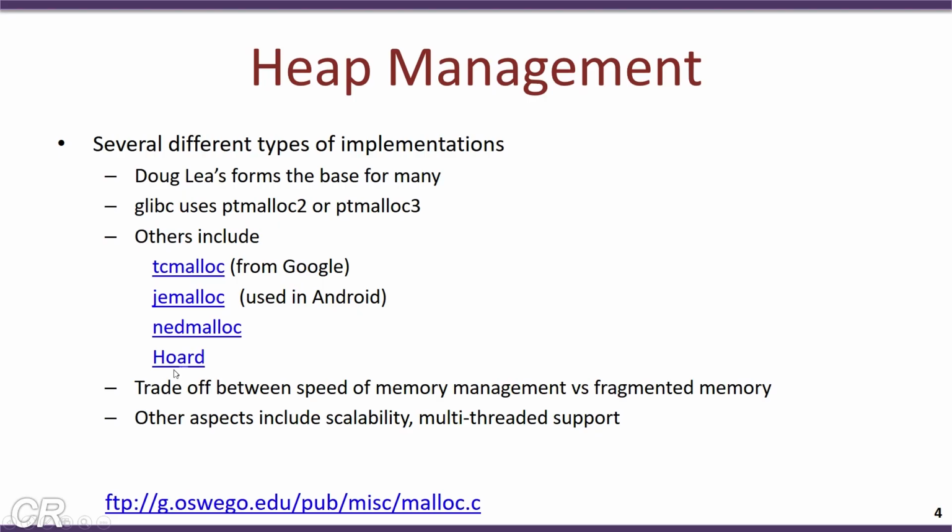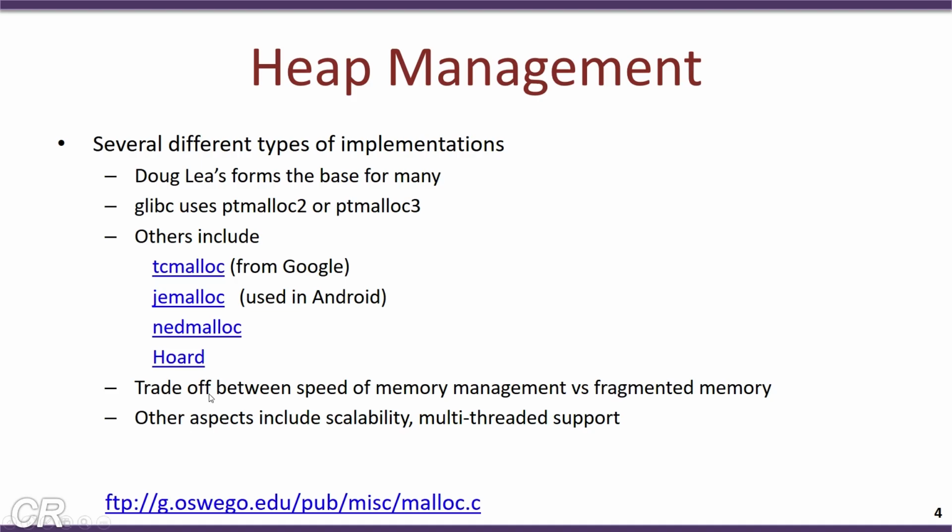So all of these different types of malloc implementations trade off between the speed of memory management versus fragmented memory. By speed of memory management, we imply the speed with which malloc can allocate memory, as well as the speed with which free can deallocate memory.